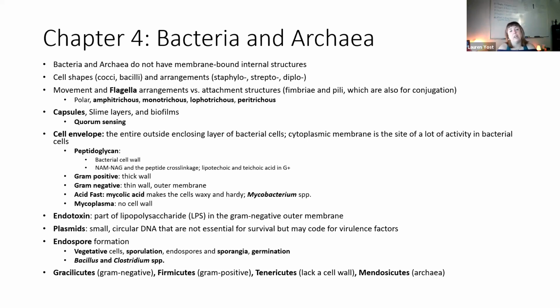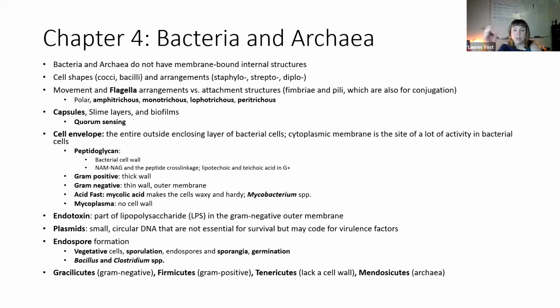And then the different arrangements of the cells. That's just based on how the cells are associated with one another when you look at them in the microscope and when they're growing. So staphylo is going to be referring to grape-like or irregular clusters. Strepto is going to be strips or chains, and diplo might be pairs.